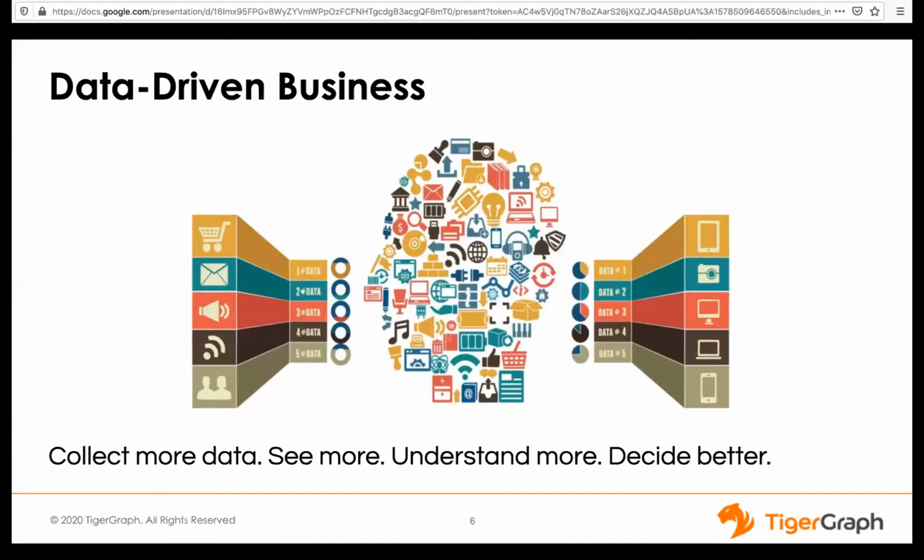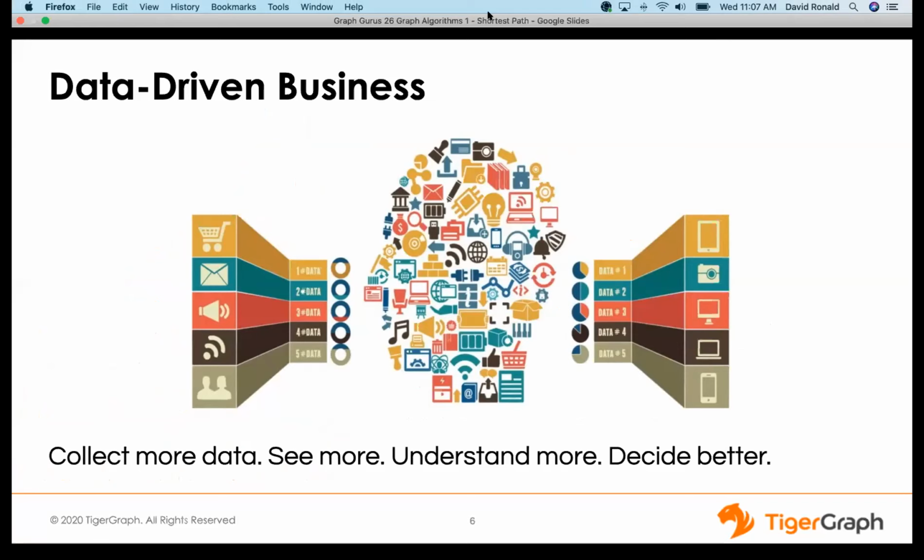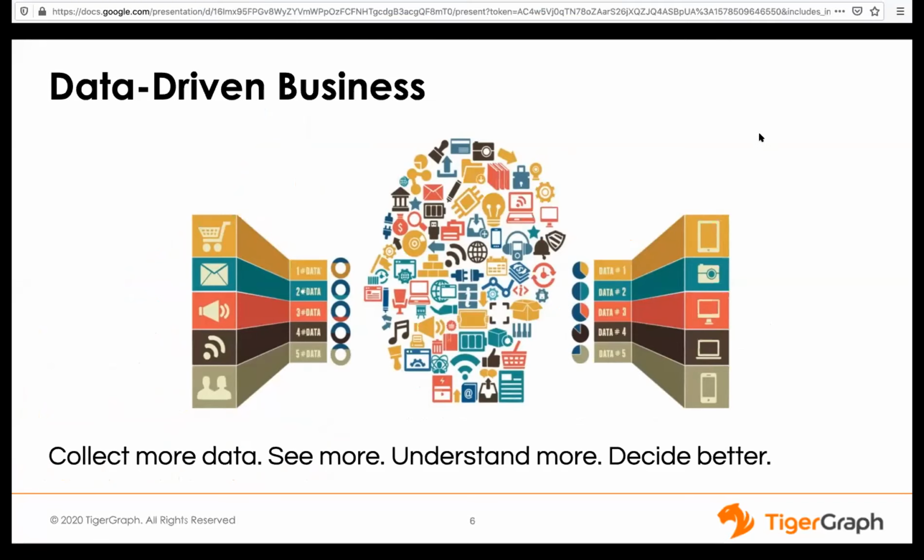So today, one of the phrases you always hear is to be a data-driven business. Technology enables us to collect and store a vast amount of data, and that data can be so useful, if you can process it appropriately, if you can search it, and gain insight from it.